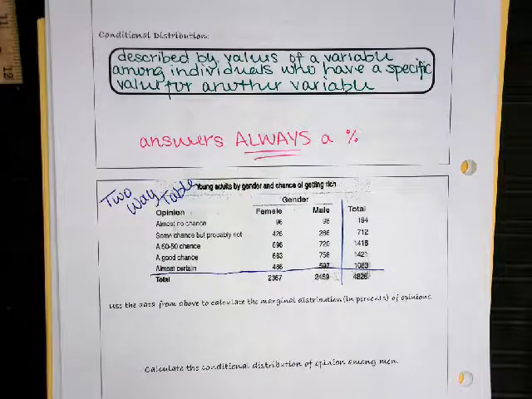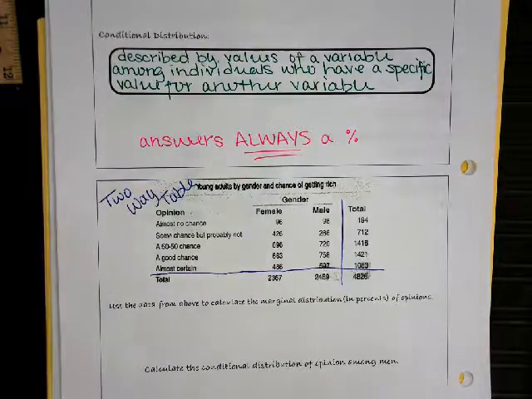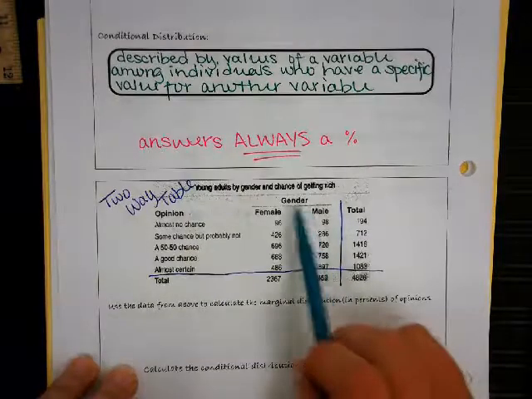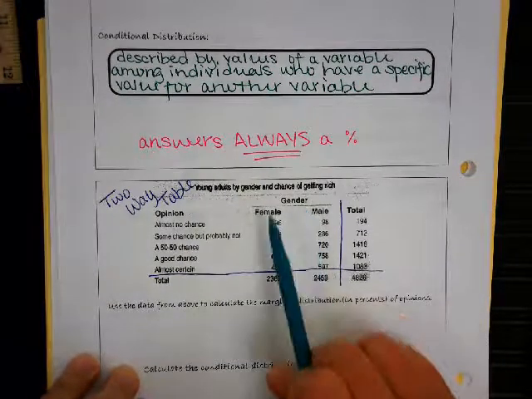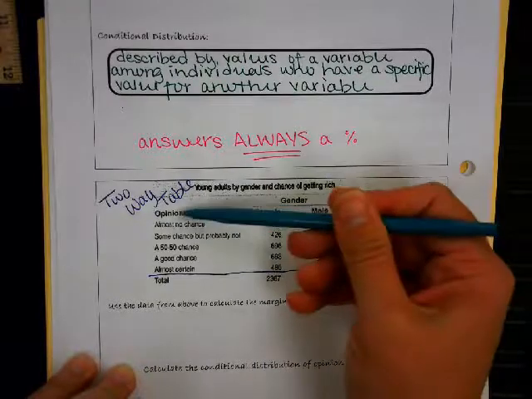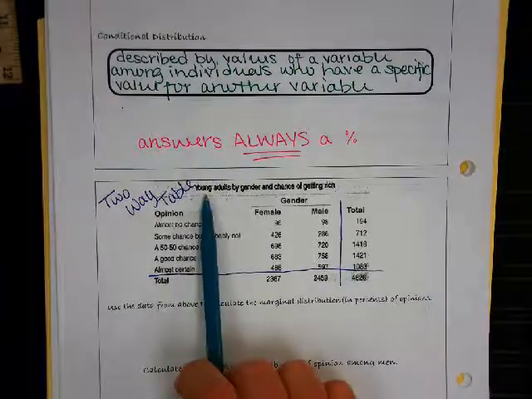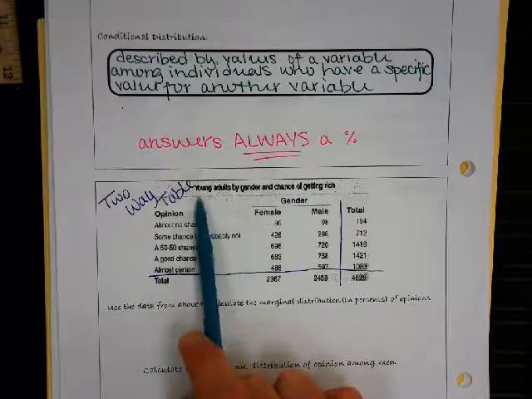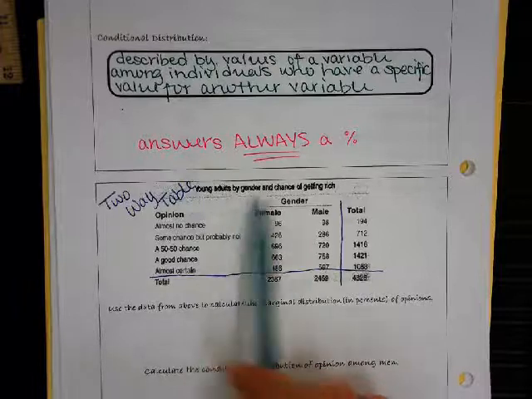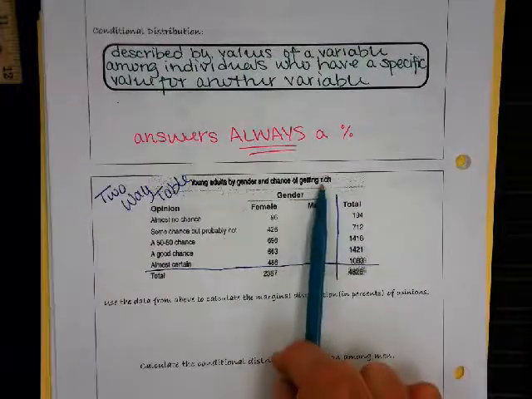Because we have two variables, two categorical variables we're working with. One is gender, so we have female and male, and the other one is opinion. So this two-way table tells us the opinions of young adults by gender and their chance of getting rich.